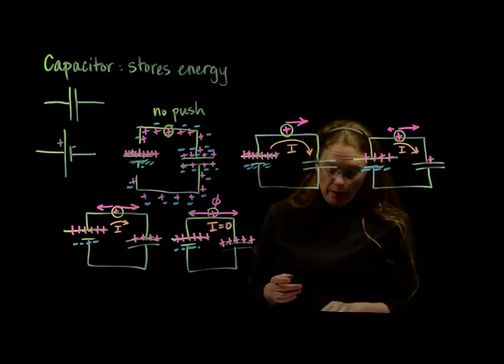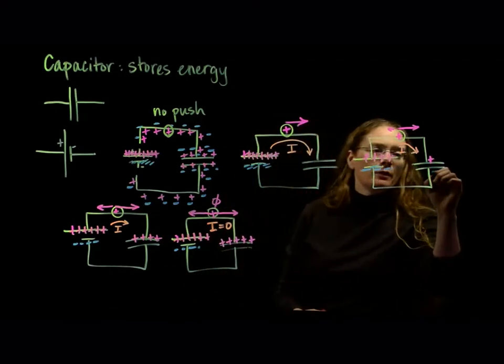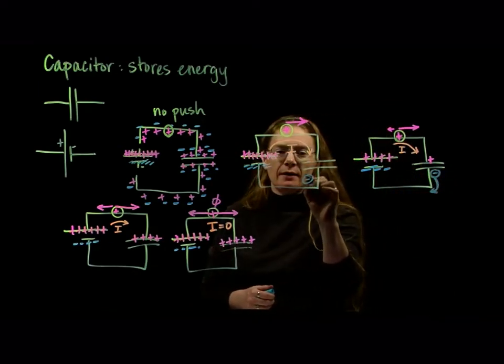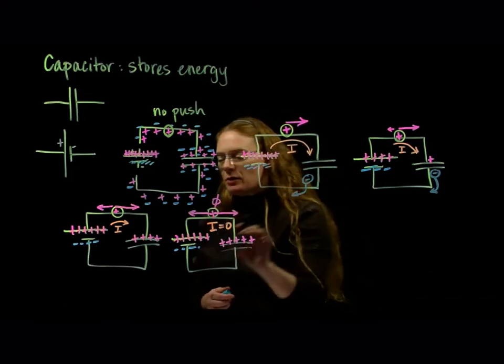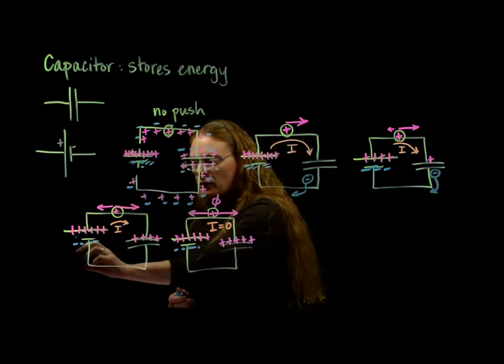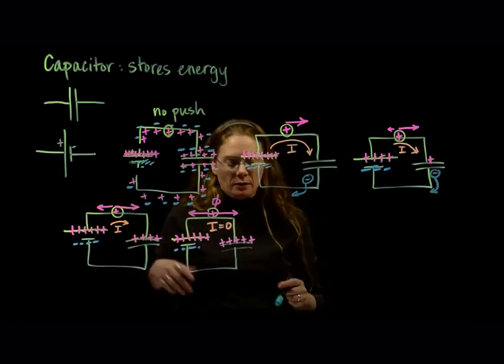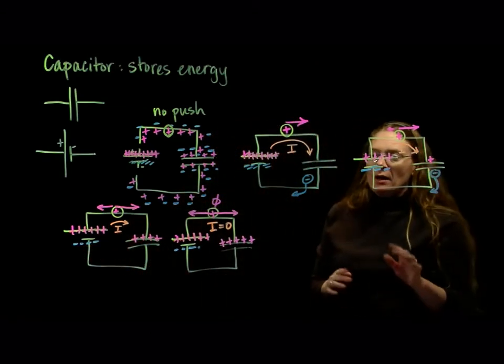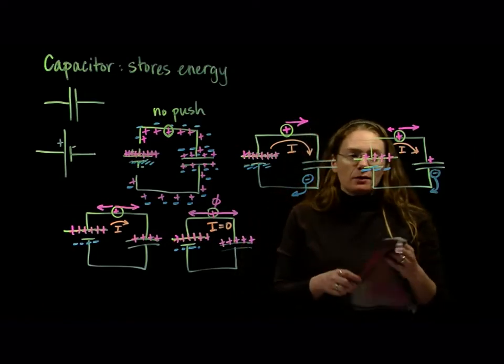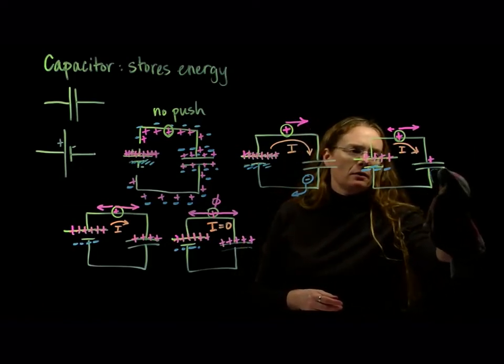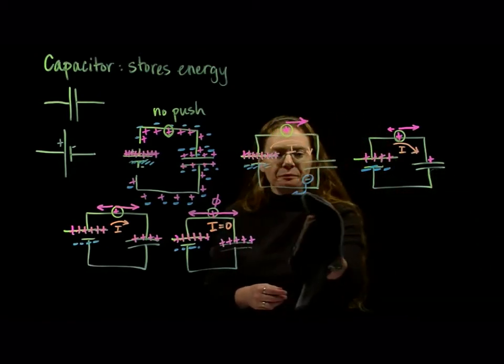It can repel a negative, and so we've got a negative that can go this way, and a negative that can go this way. And so the negatives actually come back to the negative end of the battery, and they're kind of refilling the battery, if you want to think about it that way. So we can talk about it in terms of positives and negatives, but I'm just going to focus on the positives because it's easier.